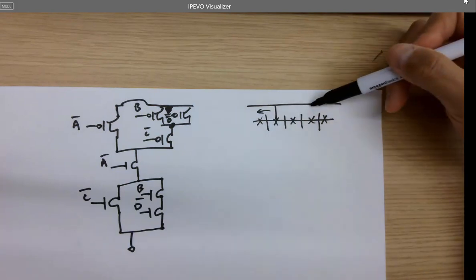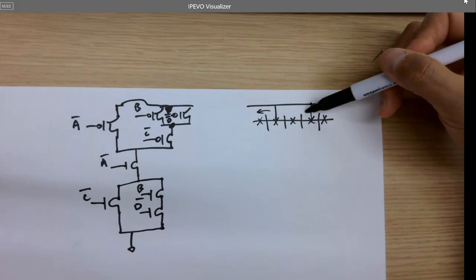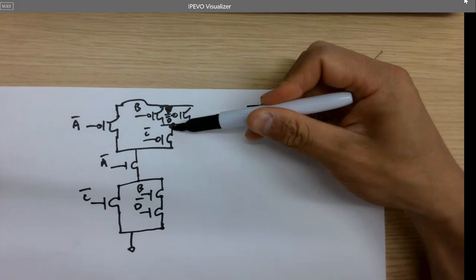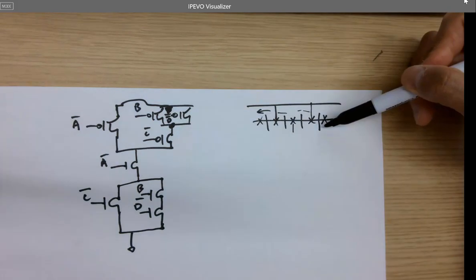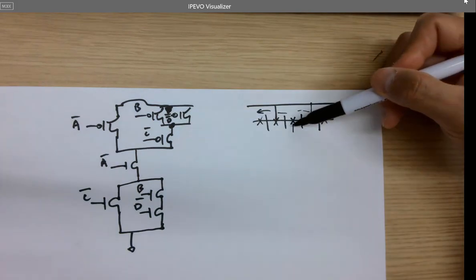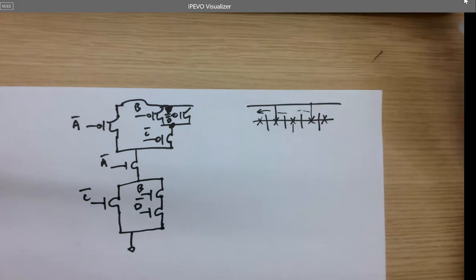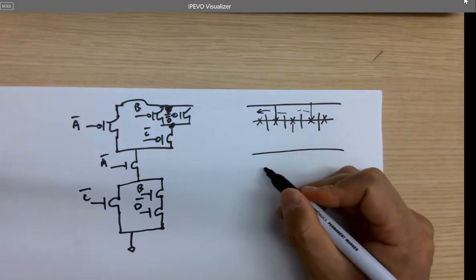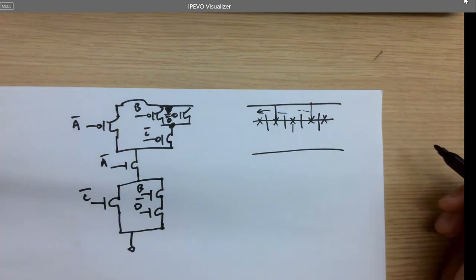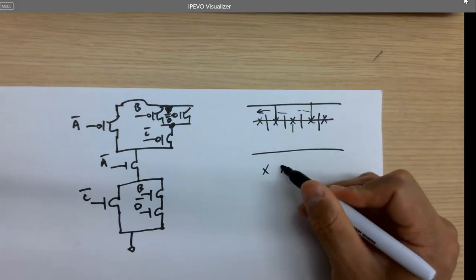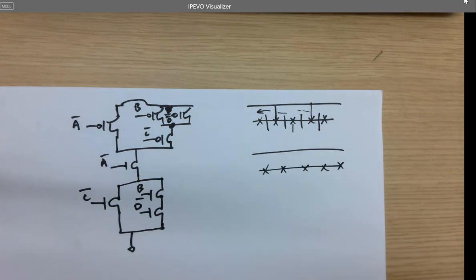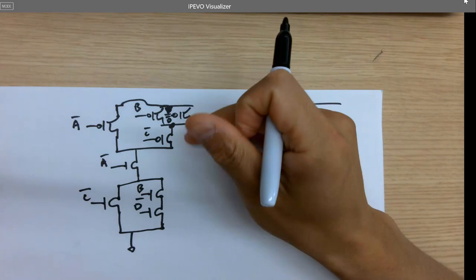The problem is if I introduce a line here, I get 2 branches, but I'm getting a middle node over here, which cannot be in series with anything else. So the C will be here, but not connected to this node, right? So how do I do that? It may not be possible to put everything in one line at all. It's possible, I just don't know. 1, 2, 3, 4, 5. But can we move the transistors around to make it happen?